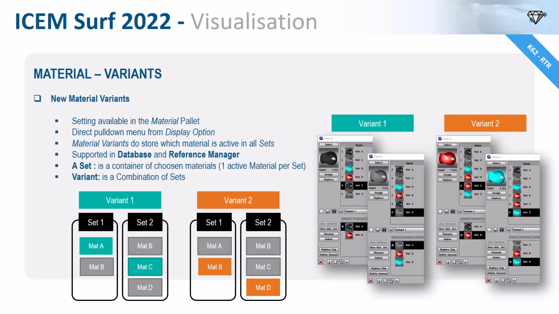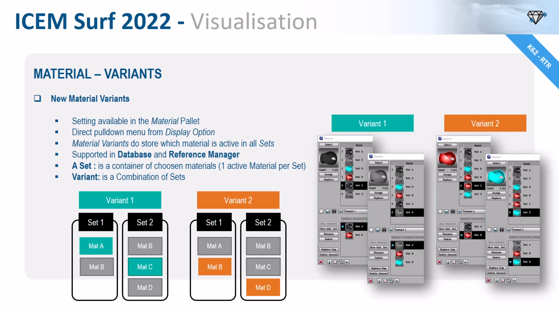For example, we could have a set called exterior paint, which could be applied to all the painted body panels, with all the exterior paint materials inside. We can then very easily visualize all the different exterior paint options by changing the current material in the set.